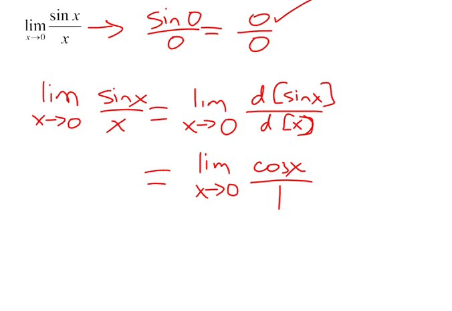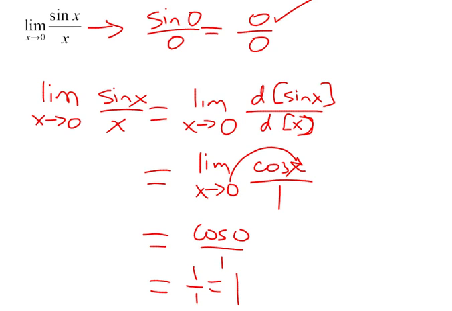It's 1, right? So, I know now that if I plug a 0 in here, I would get the cosine of 0 over 1. Well, isn't that just, the cosine of 0 is 1, over 1, which is 1. And that's how we can get the limit as x approaches 0 of sine of x over x to equal 1 using L'Hopital's instead of using the squeeze theorem.